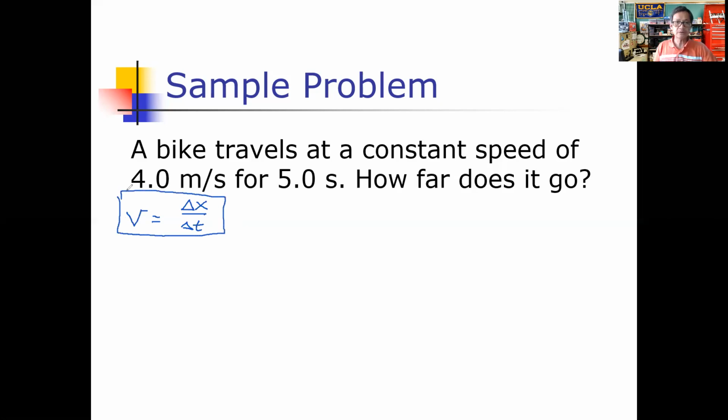Okay. So what can we do with these equations? And what's the whole idea behind graphing? What's the whole idea behind obtaining these equations anyway? Well, we can use the equations and the graph to predict the motion, to predict where the object will end up after a certain amount of time if it's moving at a certain speed, or how much time it took to cover a certain distance at a certain speed.